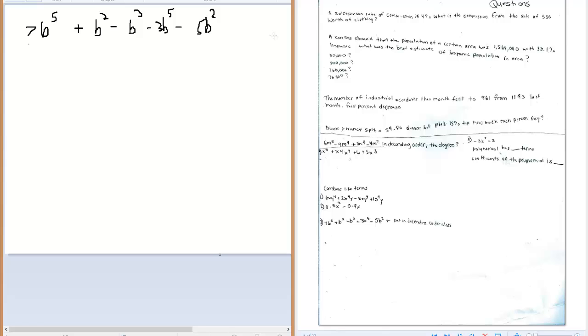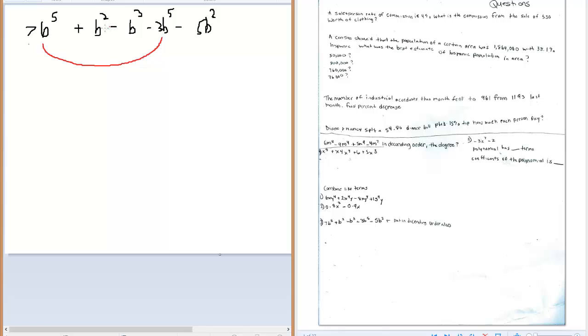So what I'd like to do first, what seems to be the easier and more convenient option, would be to arrange the terms in descending order. So we are going to pick out the terms that have the same degrees. For instance, 7b to the degree of 5 will have the same degree as 3b to the degree of 5.